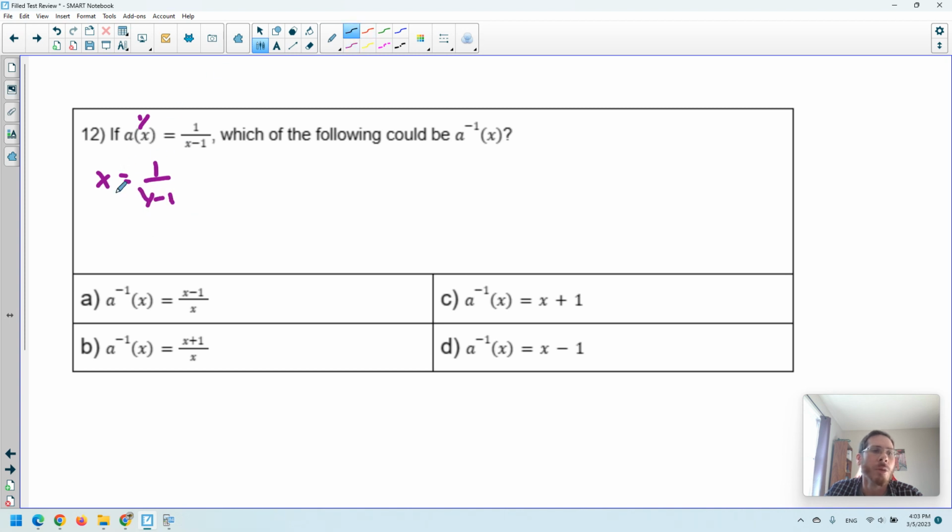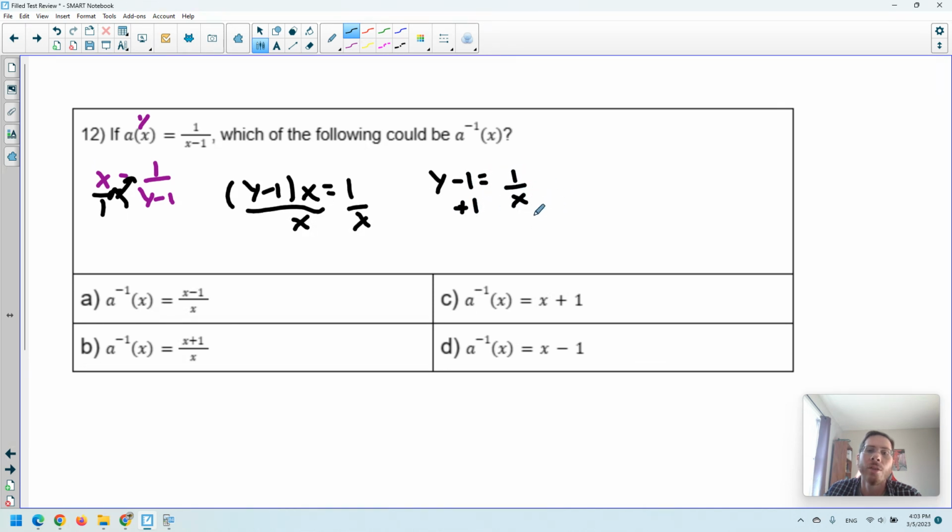We would put this one over 1, and then we would cross multiply to try and get the y a little bit nicer. So y minus 1 times x equals 1. We're trying to get y by itself, so divide both sides by x. Y minus 1 equals 1 over x. Add 1 to both sides. Y equals 1 over x plus 1.